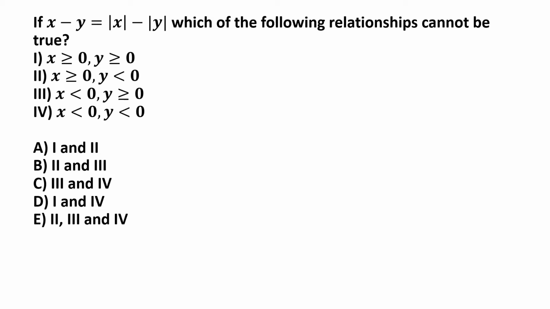So mod x essentially refers to the modulus of x, or the absolute value function, or the magnitude of the variable x. And its definition is pretty simple, but you have to remember what it is.